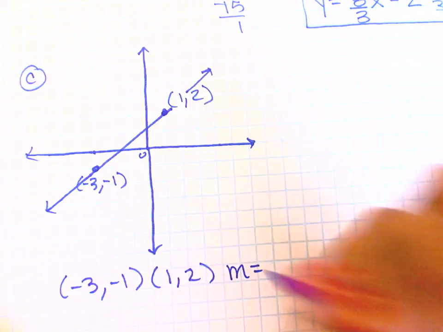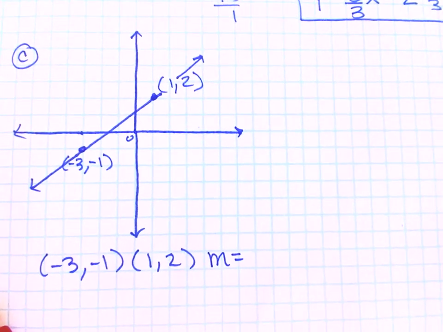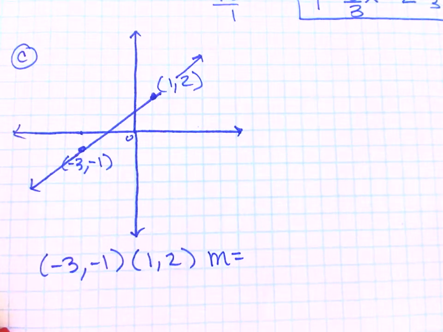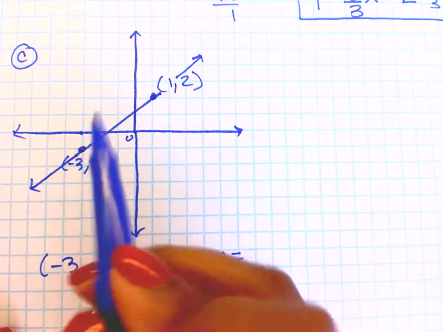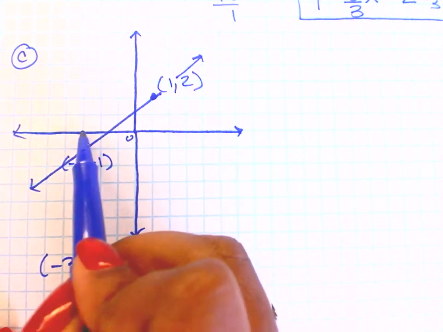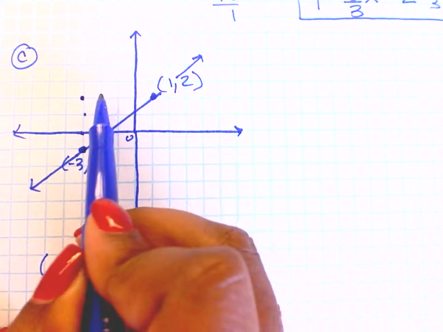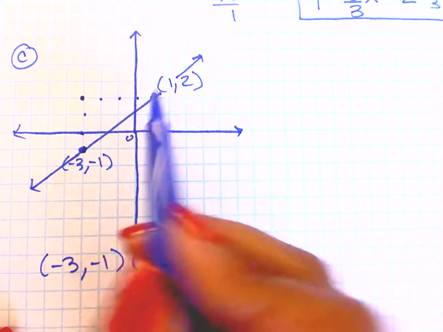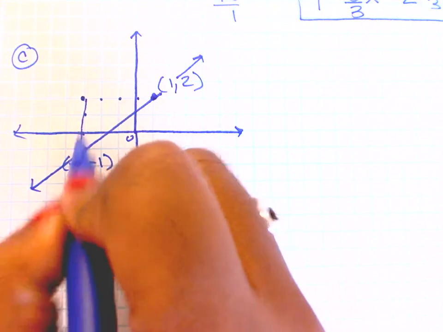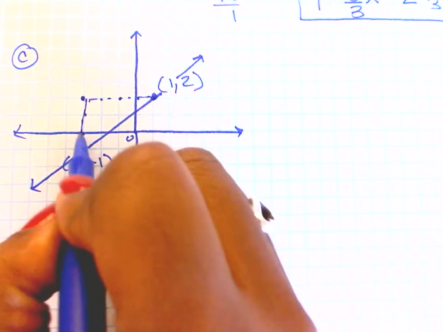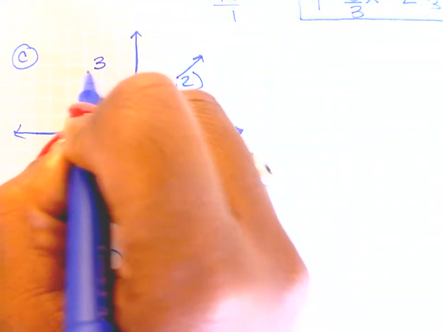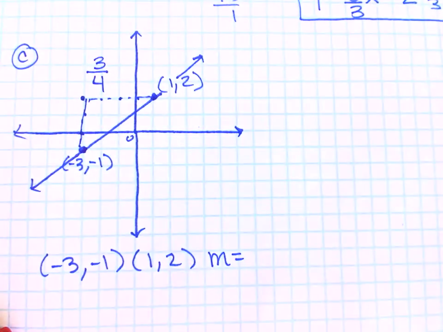But the last thing I need to find is my slope. So what am I going to do? I'm going to count my rise over run. So let's go from this point. Count the rise. 1, 2, 3. To the right. 1, 2, 3, 4. So I'm counting from here to here. And I went up 3 to the right 4.